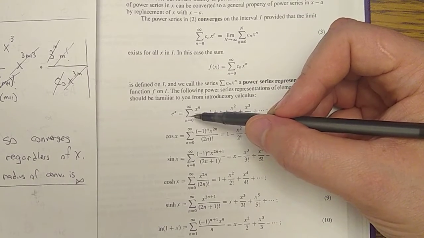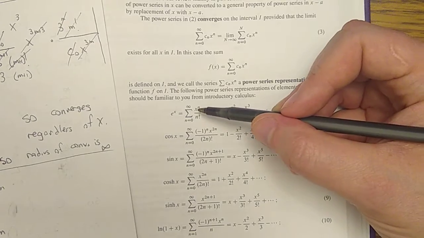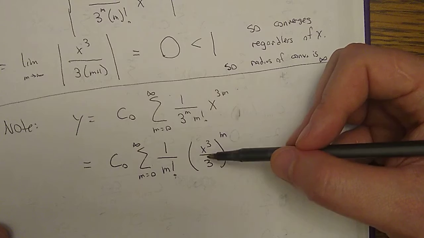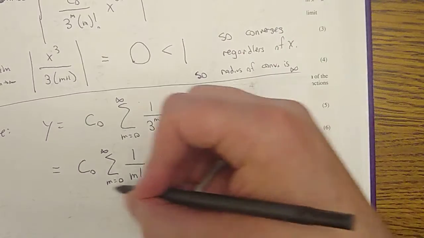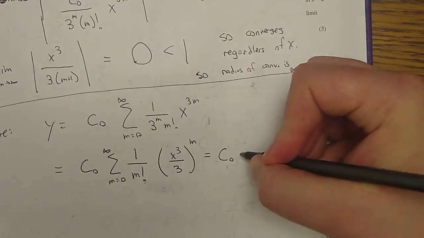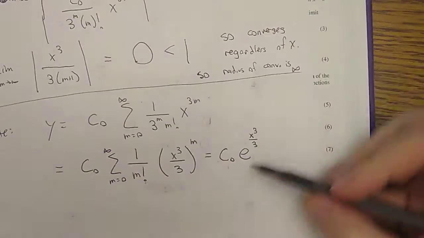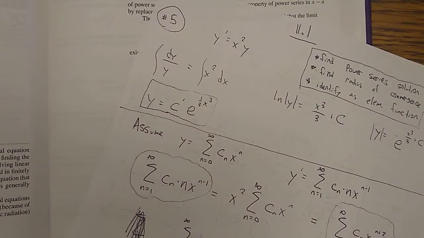This is exactly like this, except I have m's instead of n's, and instead of just plain x, I have x cubed over 3. So this is not e to the x, this is e to the x cubed over 3. So the solution I got is a constant, c naught could be anything, times e to the x cubed over 3. And just like I said at the beginning.